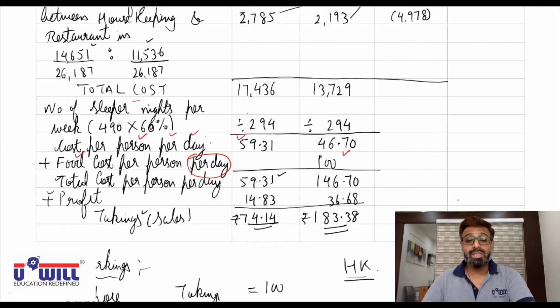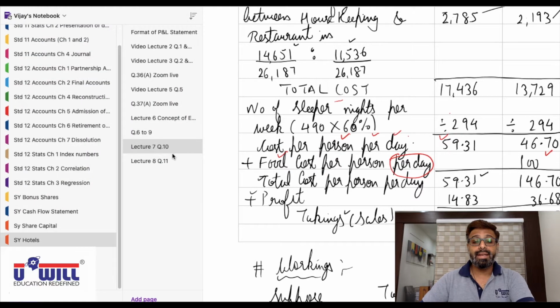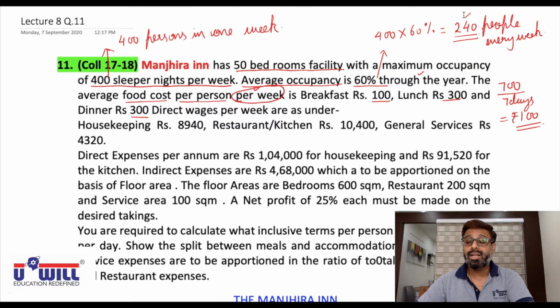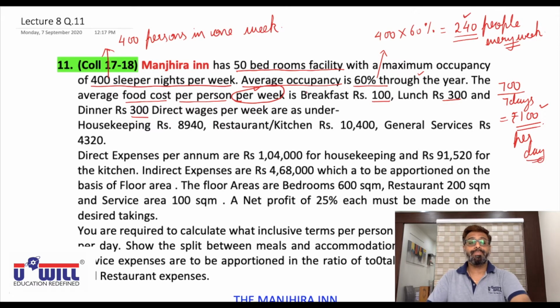We cannot take food cost per person per week, because when we divide at the end by 240, we get food cost per person per day, since 240 people staying every week automatically includes the 7 days of the week. Therefore, you directly get cost per person per day, so you have to add food cost per person per day and not per week. In every question, keep this in mind.